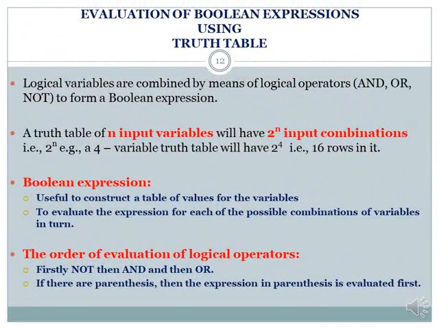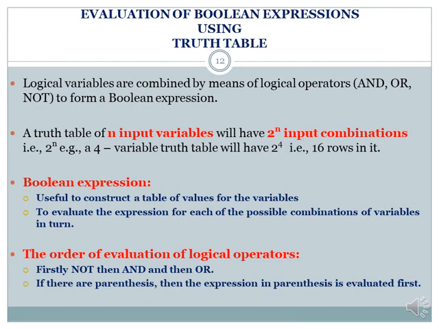So far we have discussed various logical operators. Now we are going to discuss how to evaluate a Boolean expression with the help of truth tables. Logical variables are combined by means of logical operators in order to form a Boolean expression. The truth table of n input variables will have 2 to the power of n input combinations.